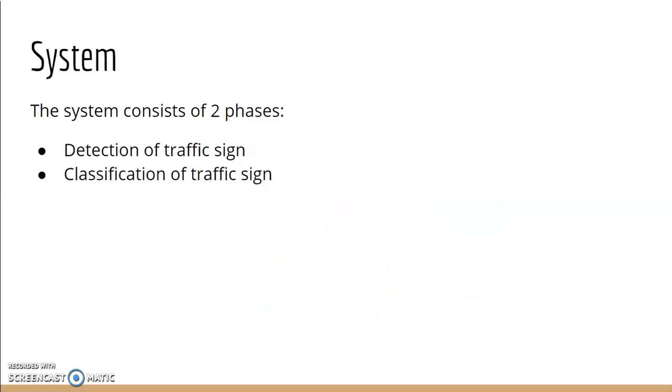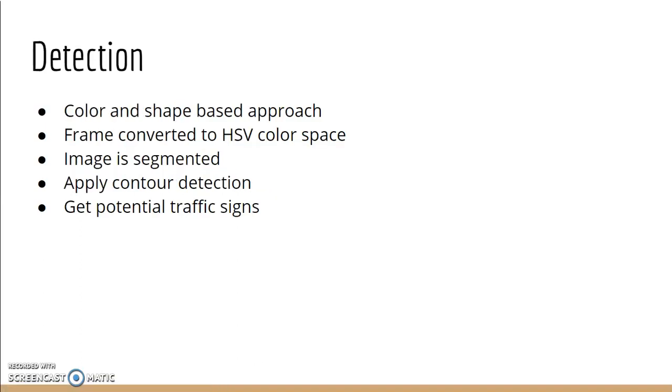So the system consists of two phases, a detection part and a classification part. Before we can perform classification, first we detect the traffic sign. For the detection part, we use a color and shape-based approach.